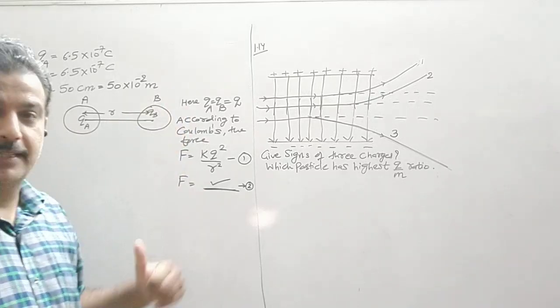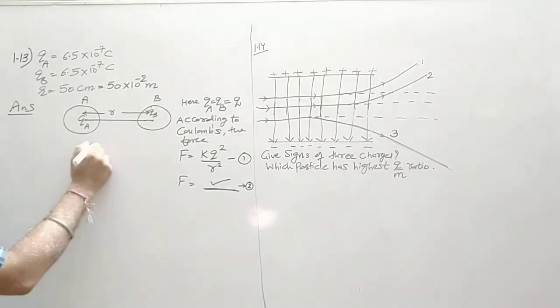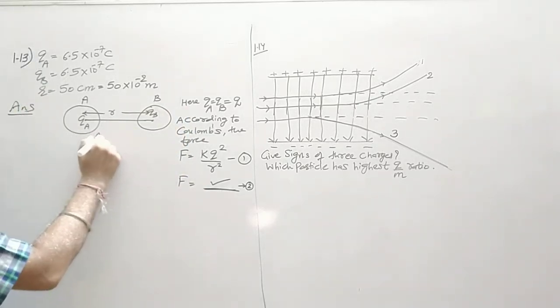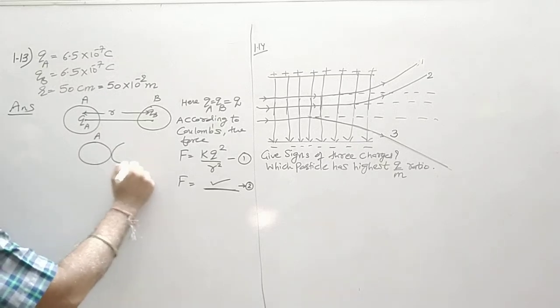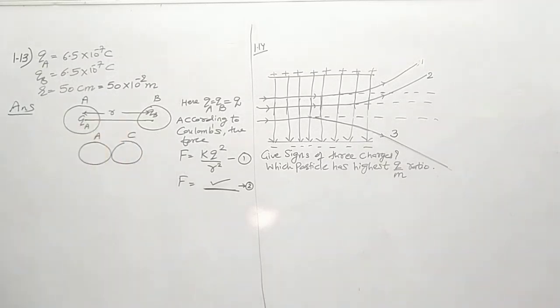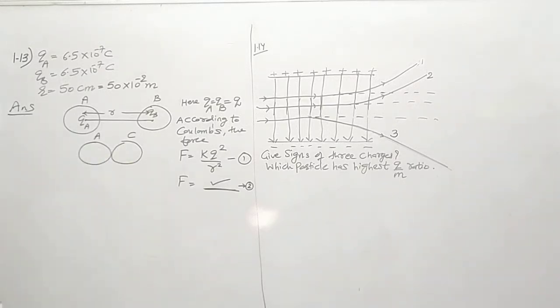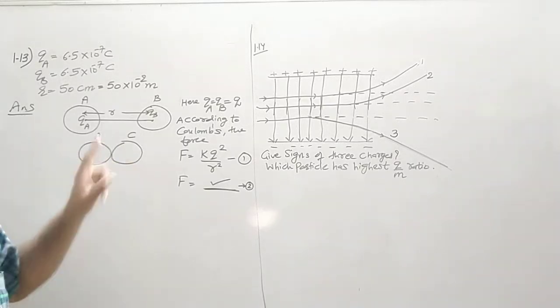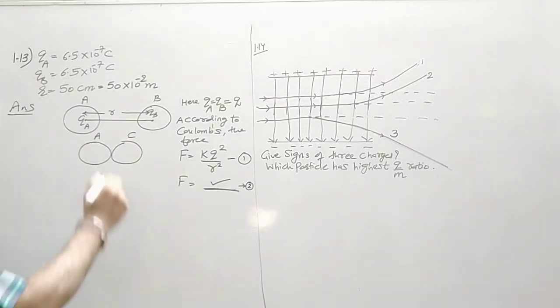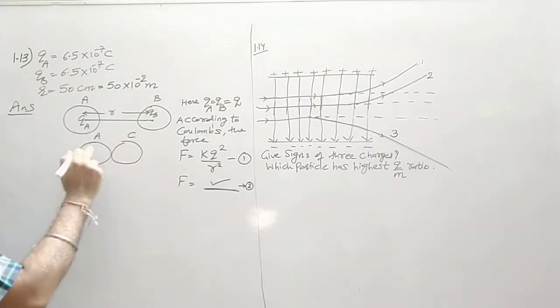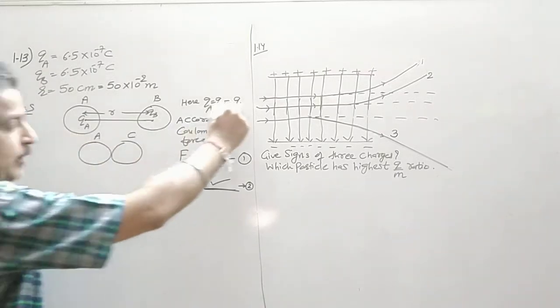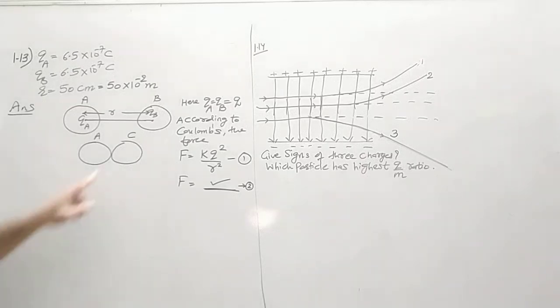Now in the second step, this sphere A is kept in contact with sphere C. It is given that both the spheres are identical and sphere C is uncharged. So this A has a charge of QA, which we have taken as Q. C is uncharged.